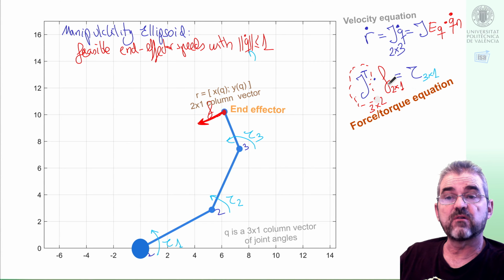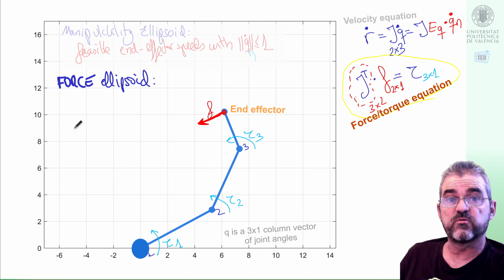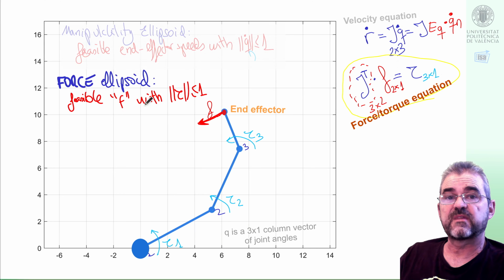So our goal now is to define an ellipsoid associated to this equation I just encircled in yellow, which will be named the force ellipsoid. It will be defined as the locus of the feasible forces with joint torques less than 1, maybe with some scaling we'll discuss in a minute.